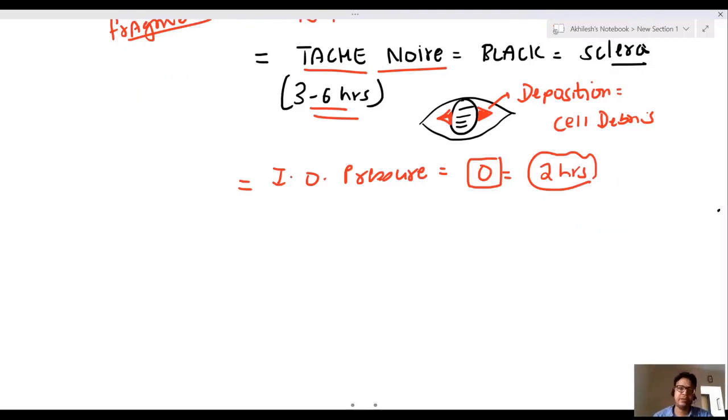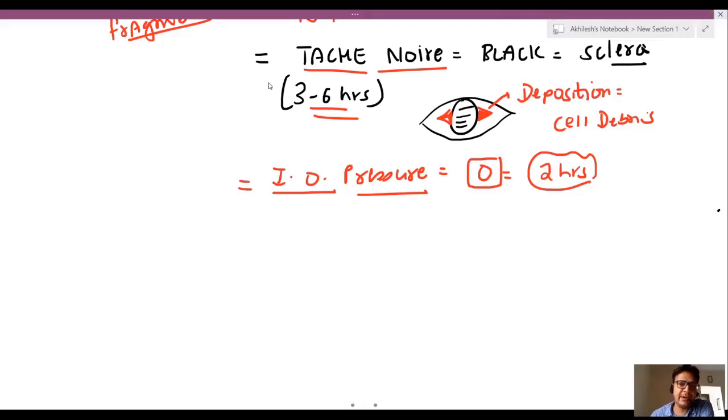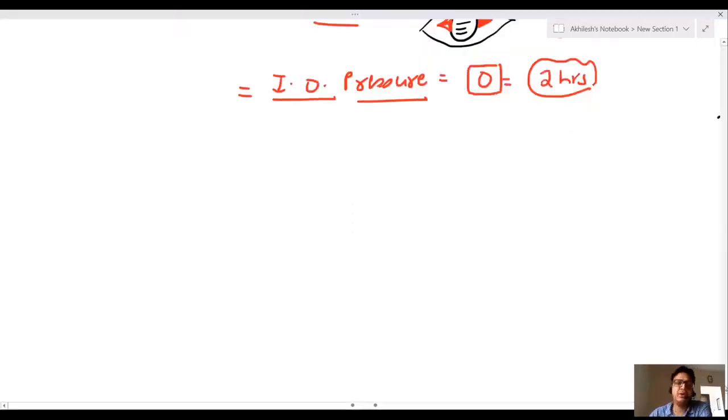So anyways, I am revising this. Kevorkian sign is the railroading phenomenon. Then potassium increases in vitreous humor. Tache noire are seen as a black color change of the sclera part, seen in 3 to 6 hours. And the last but not the least, intraocular pressure becomes 0 after 2 hours.